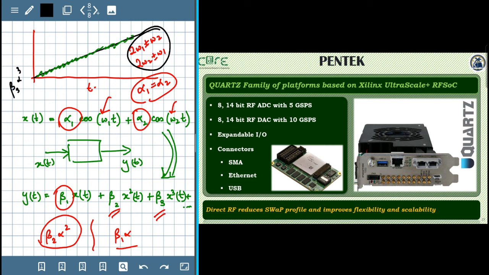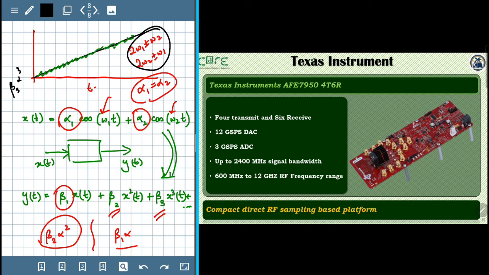It has expandable I/O, so a number of interfaces are possible besides the SMA connectors for the RF signal transmission and acquisition. The direct RF, as you can see, can reduce the size, weight and power profile and improves flexibility and scaling. Then we have Texas Instruments.